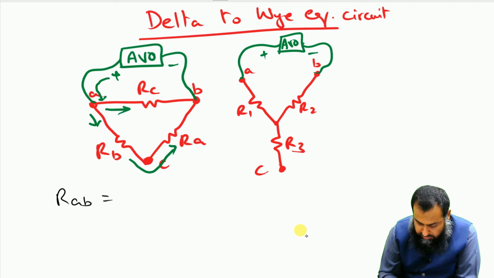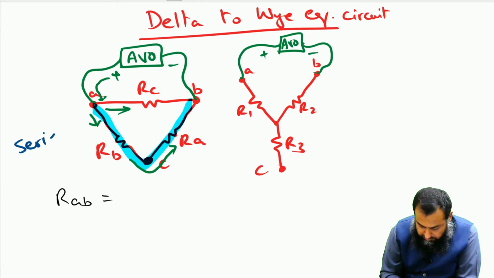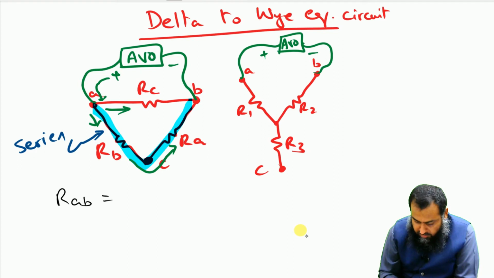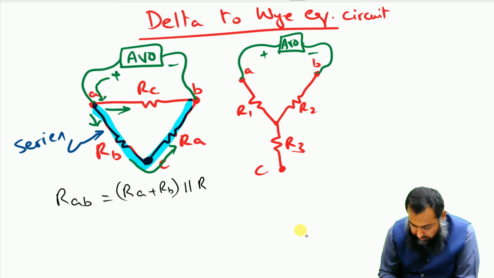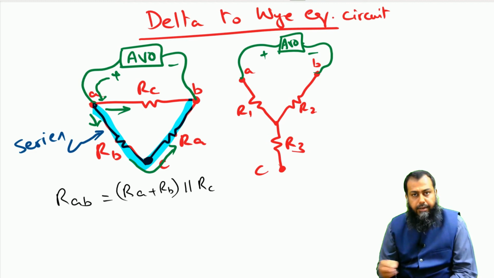They are both in series. So we have this series combination here, and this series combination comes in parallel with this RC. So we have RA plus RB in parallel with the resistance RC, right.